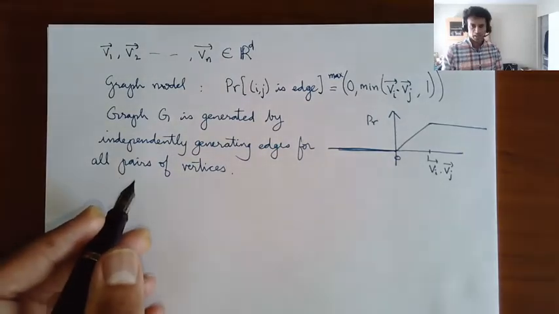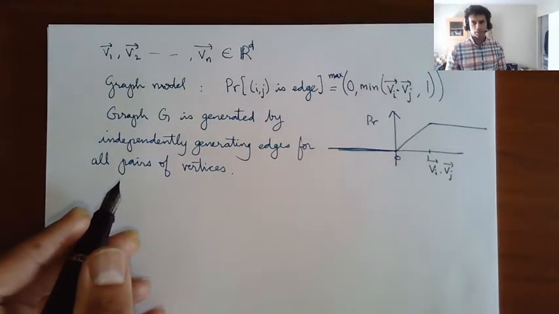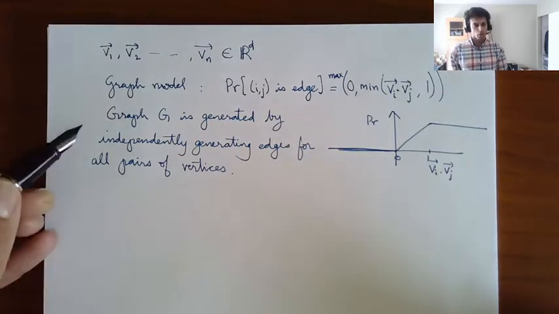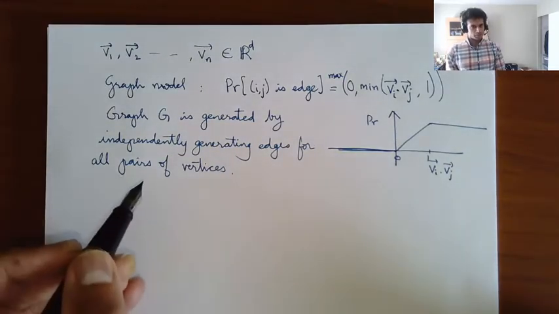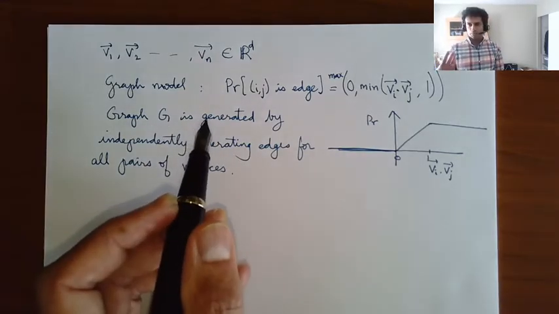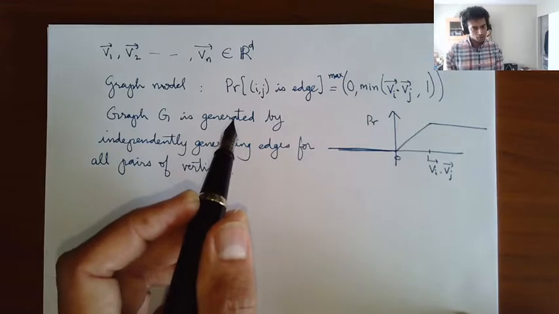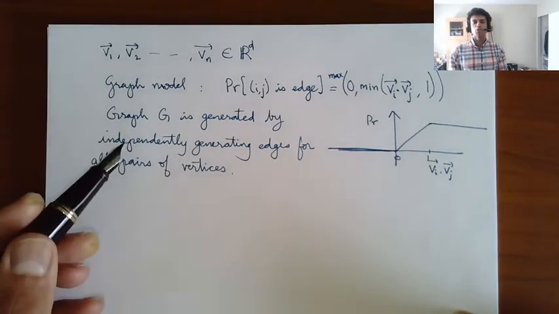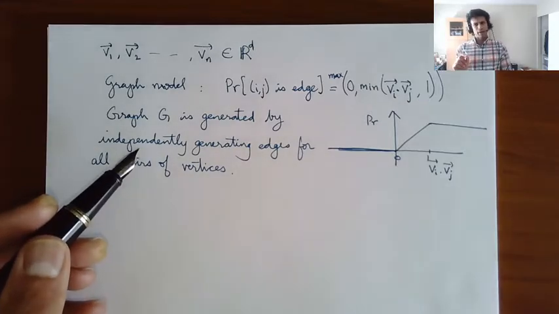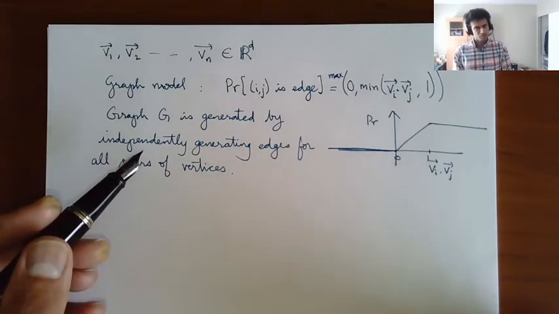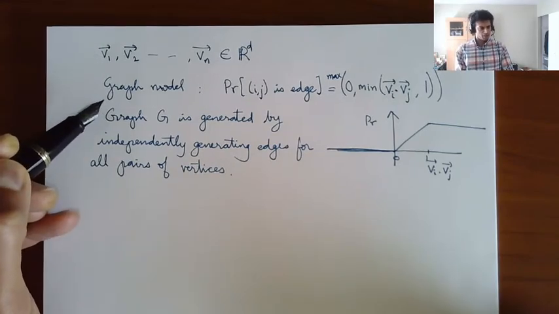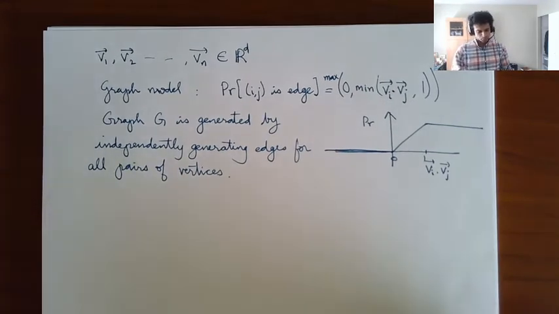Again, this is the model that is typically assumed by many of the results. But even let's just think about implementing such a model. You might think that this is too expensive because you have to do it for all pairs. And given that the graphs that people care about are typically sparse, there are more efficient ways of generating these edges, at the cost of maybe a little bit mild dependence between the edges. But this is not that important. Again, given these vectors, this is the graph model that we will construct.